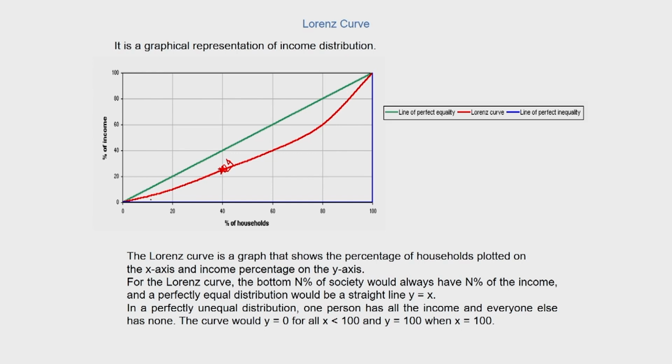So the Lorenz curve lies beneath the line of equality, showing the actual distribution of income across all of these households.